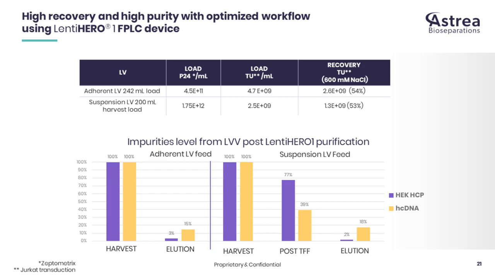Functional LV recovery was 53%, ranging from 2 to 5 times 10 to the 9 TU. Impurity level was also measured in the elution, shown in the graph. Around 98% of HCP was removed, and 82 to 85% of DNA was removed during the total process.